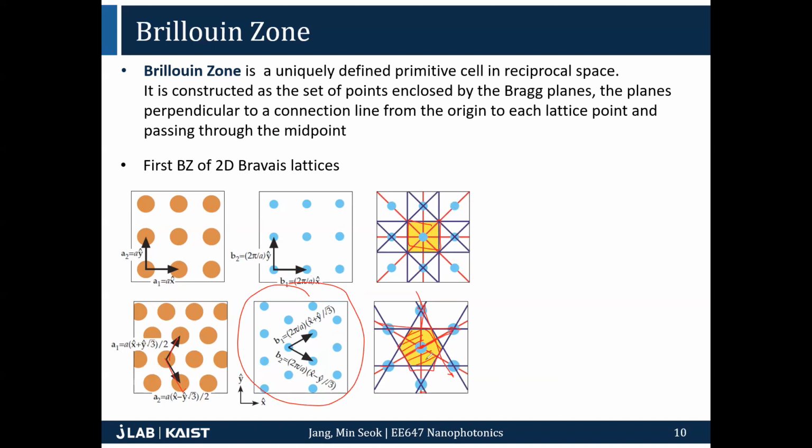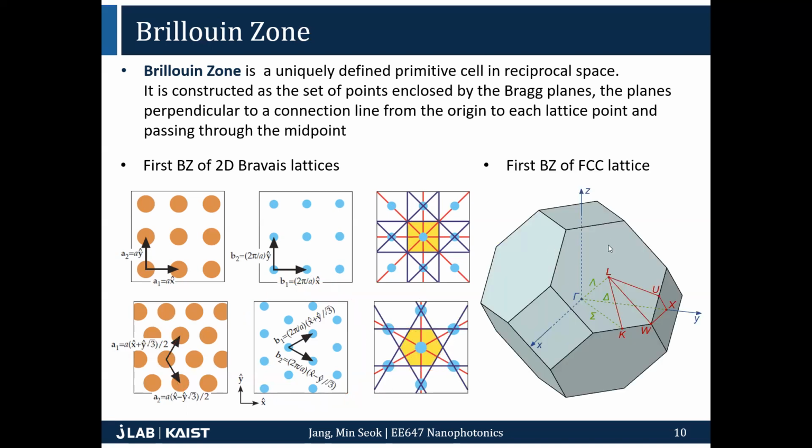And you can also do the same thing for a 3D lattice, like this. If you have an FCC, face-centered cubic structure, then each of your reciprocal lattice points, which is called the gamma point, has a Brillouin zone that looks like this. It's a little more complicated, but anyway, the idea is the same.